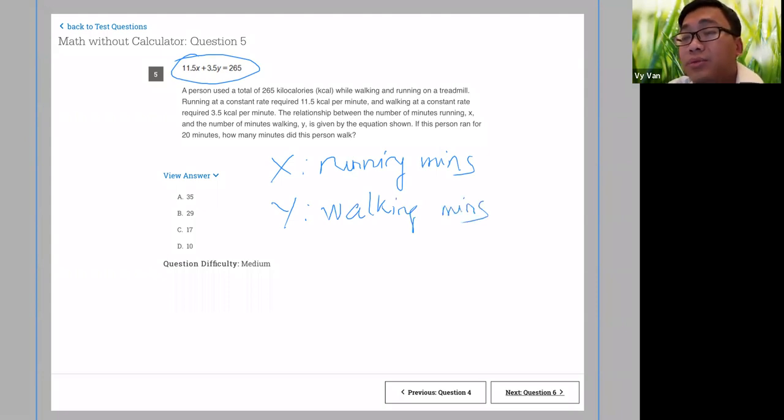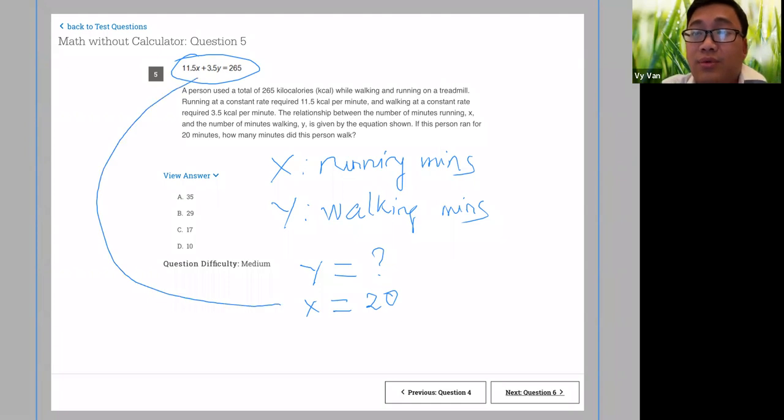Okay, so what do they ask for? How many minutes did this person walk? That means they're asking for y. So what do they give you? Say this person ran for 20 minutes, that means x is 20. So how do you do this? You replace x with 20 in the original equation and solve for y.